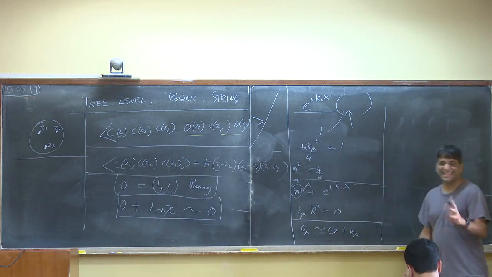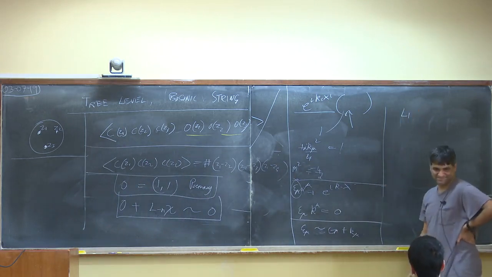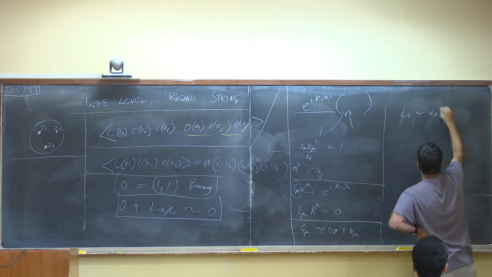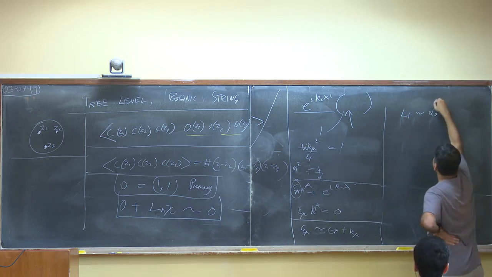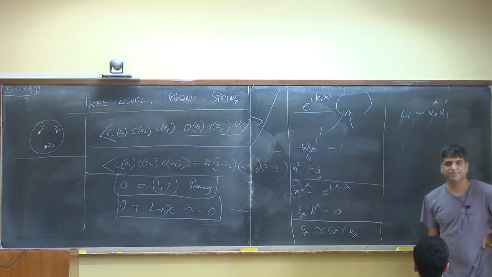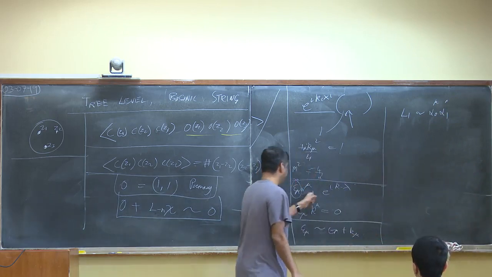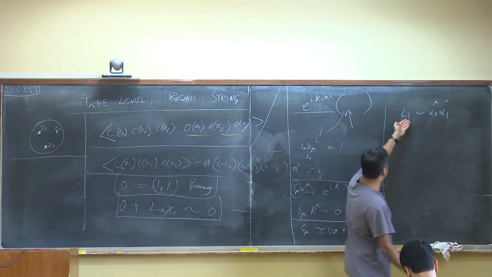Let's work this out in state language. L1 has a term which is alpha 0, alpha 1. This will be the only term that's important, because we've got an alpha minus 1.